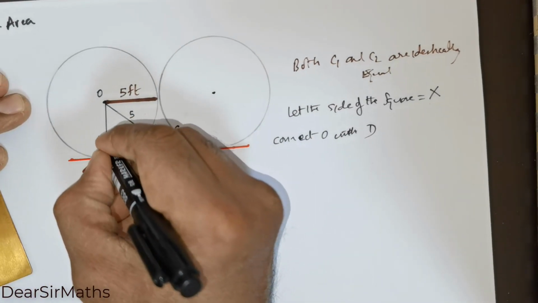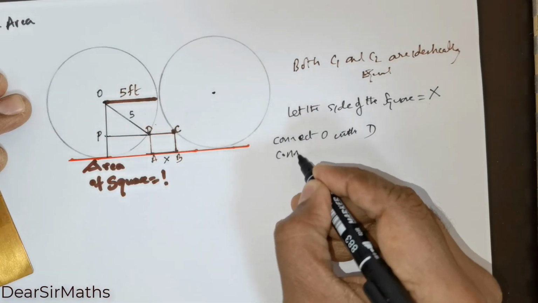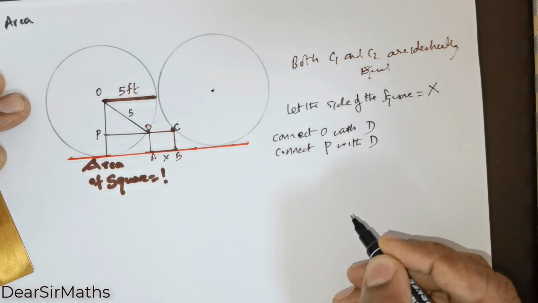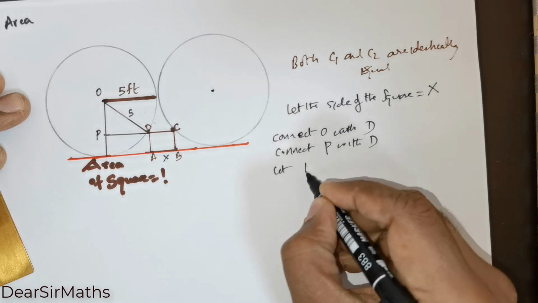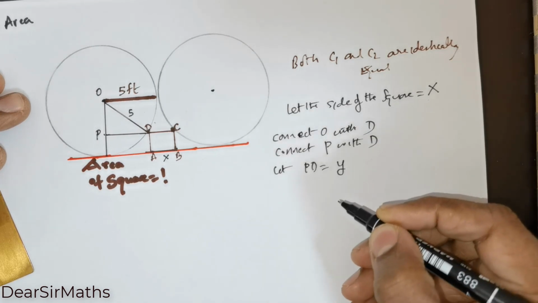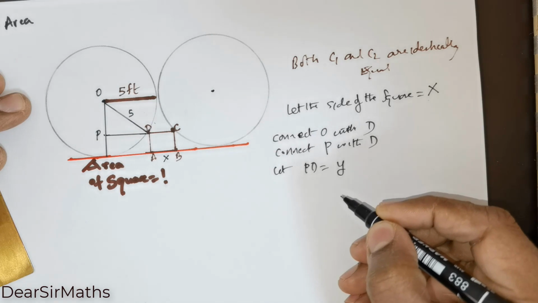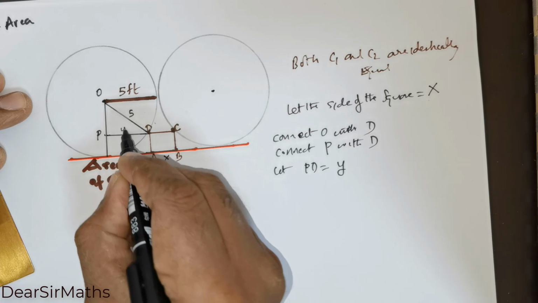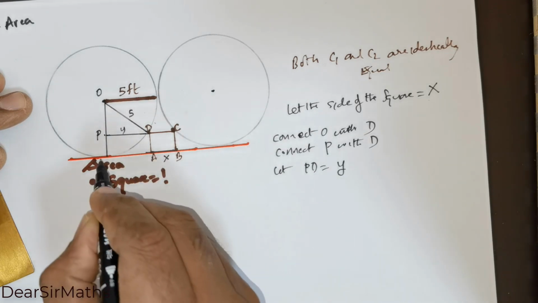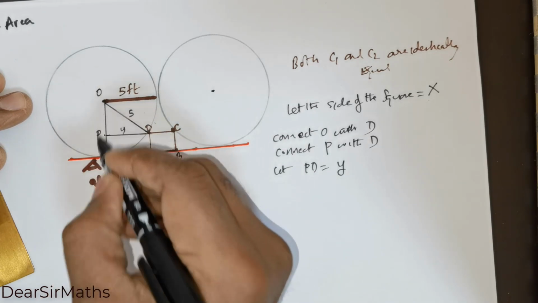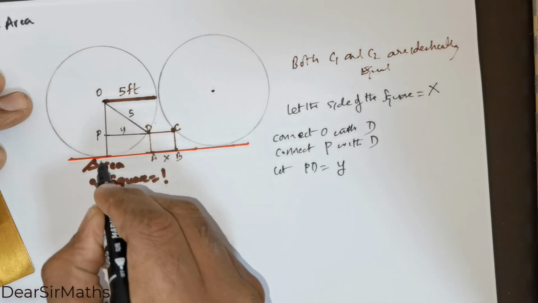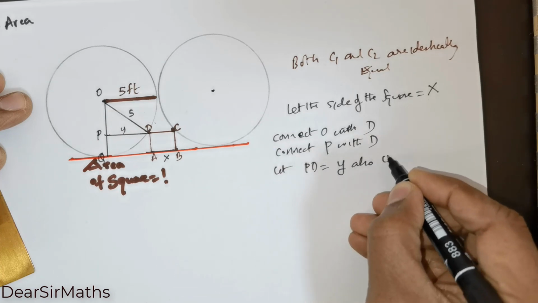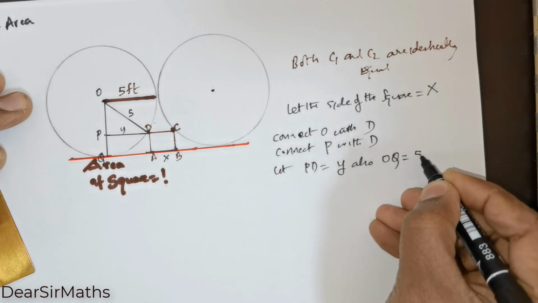Okay, I'll take this point as P. Let PD be equal to Y units. And this line which is drawn from O, let this point be Q. Also OQ is equal to 5 units.